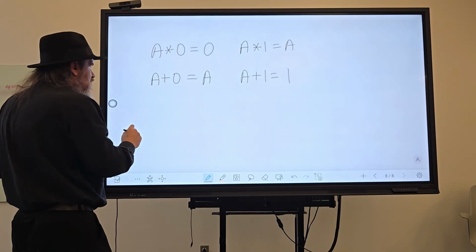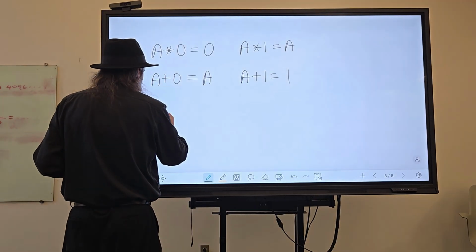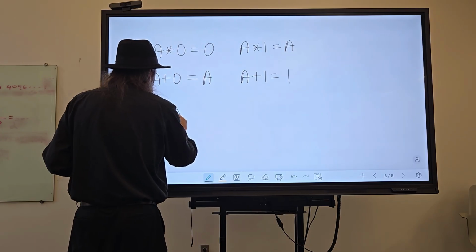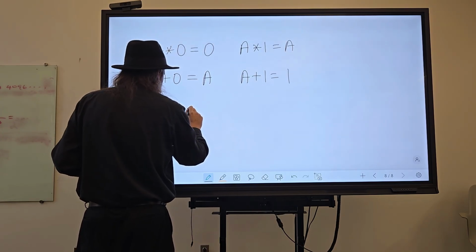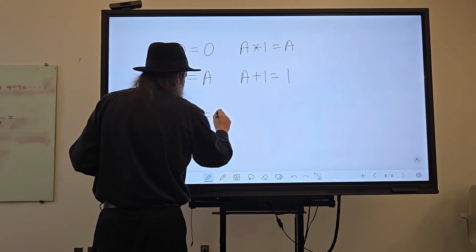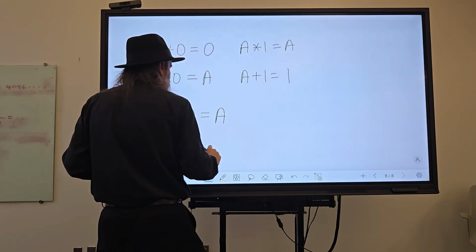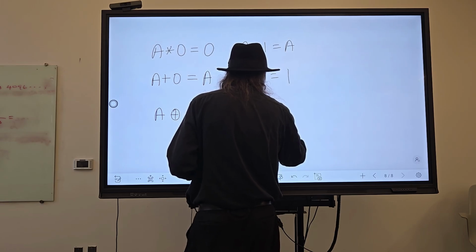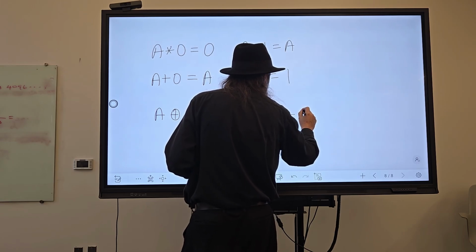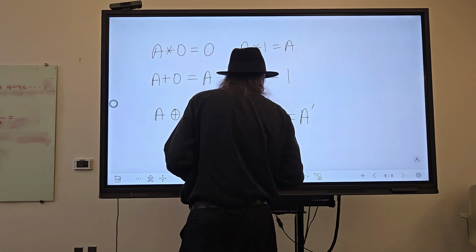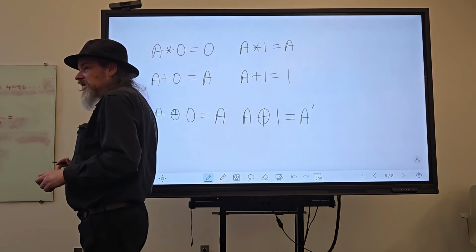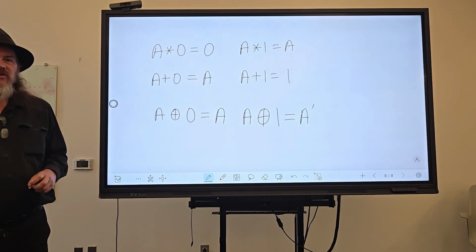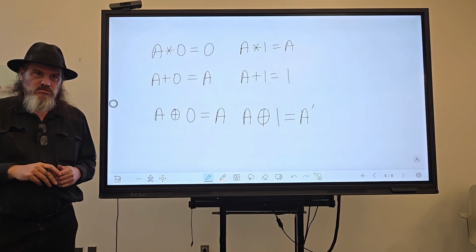Now, another one to keep in mind, A XOR 0 equals A. A XOR 1 equals not A. So an exclusive OR gate can be used as a selective inverter.